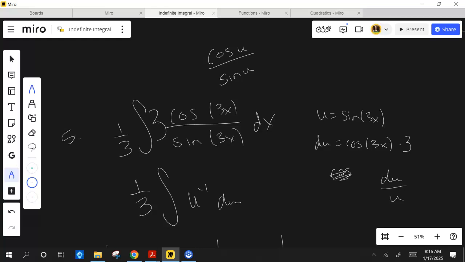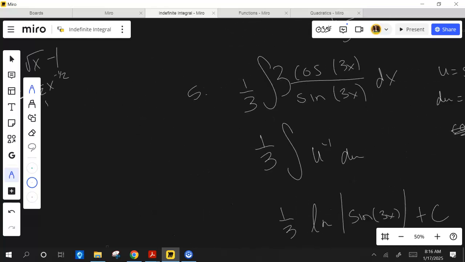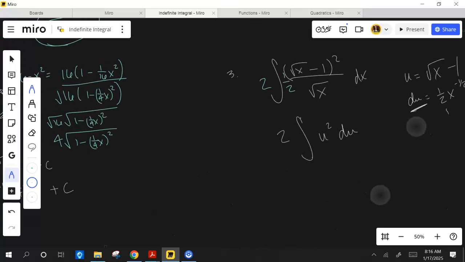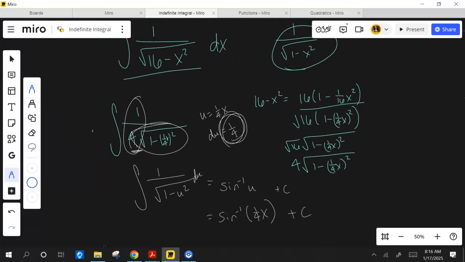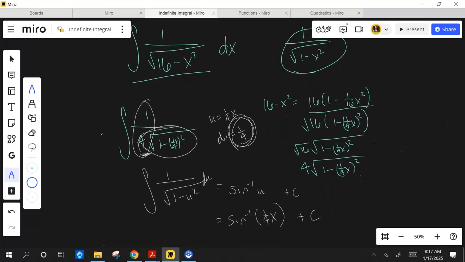No, it's not. It's natural log of the sine. This one? What x in the numerator? 1/4 x is the same thing as x over 4.